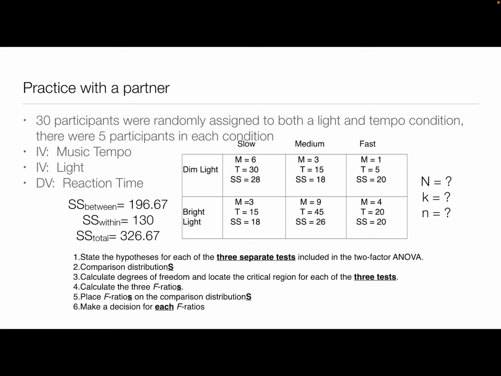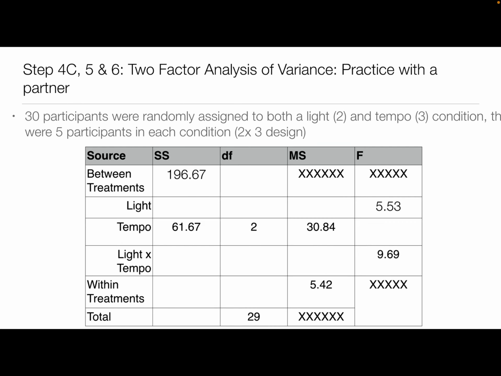So instead of, say, I gave you all of this information about the means and the T's and all of these different pieces, what if I gave you part of the way, but I gave you an ANOVA source table to complete instead?